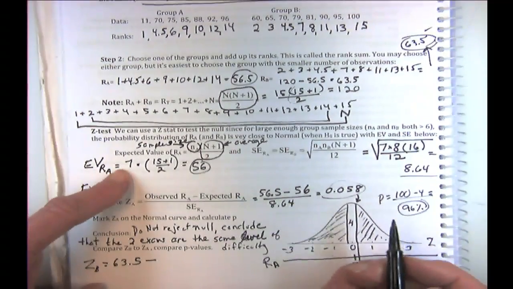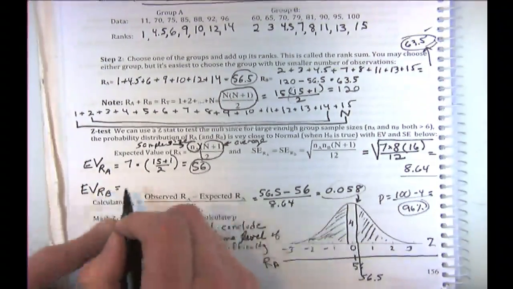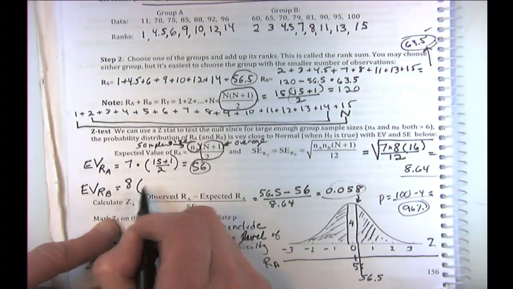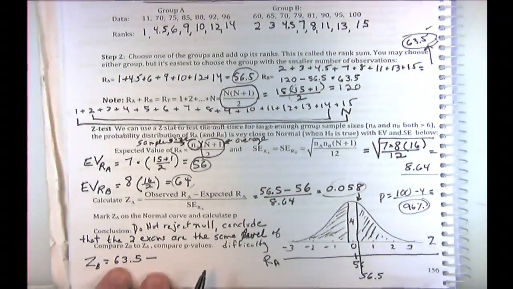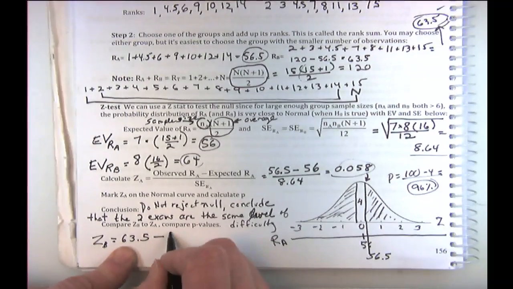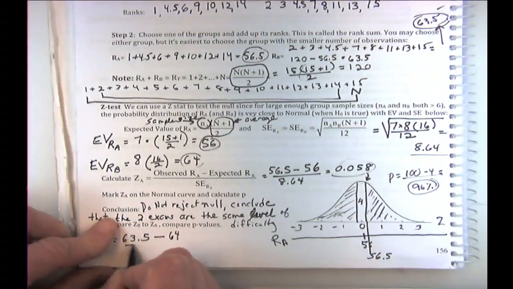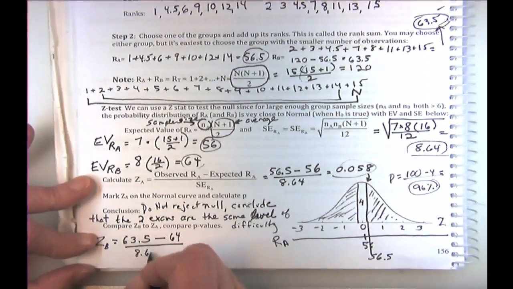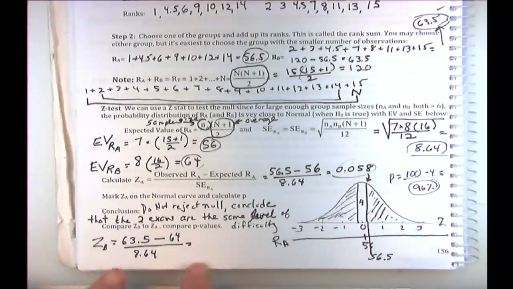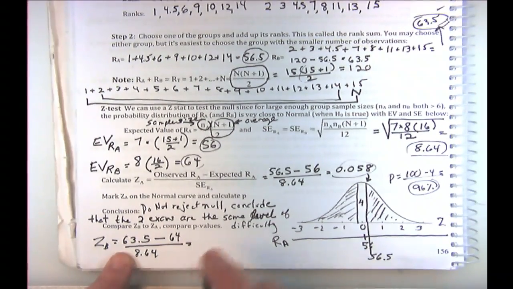Instead of 7, we would put 8, because our sample size is 8, times, again, 16 over 2, so we get 64. So it'd be 63.5 minus 64, and then over the standard error for group B, and remember they're the same, so we'd use this again, 8.64.